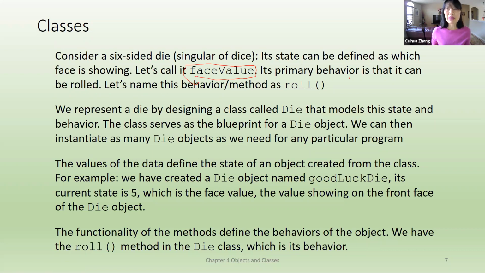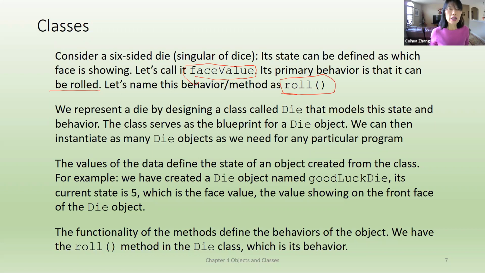Its primary behavior is that it can be rolled, and let's call that behavior roll. Does this make sense to you, everybody? Think about the die. We have to know what face value it is, and then how do you make it have that value? You have to roll. That's the behavior it can have.